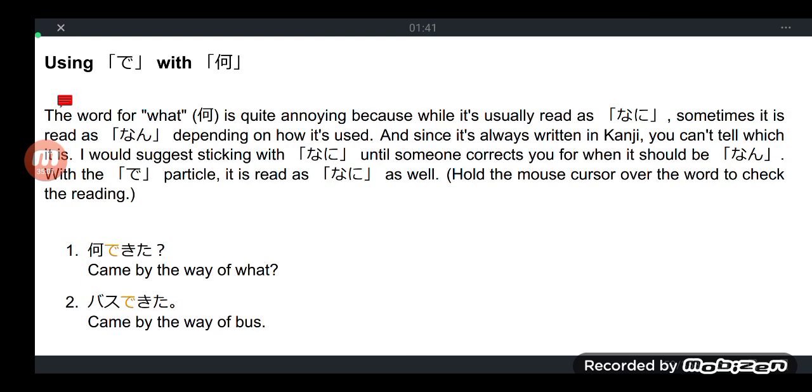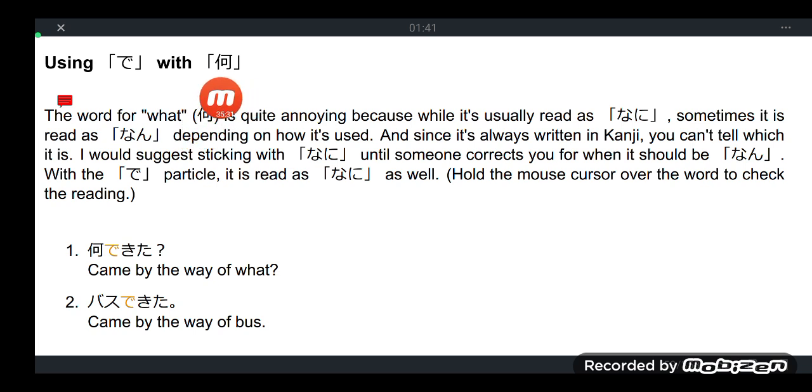Now, this is a common dilemma or confusion. Not dilemma, but rather confusion. If the de is paired with the nani or nan, this kanji meaning what, I'm telling you guys, the default reading for this kanji should be nani, unless a person corrects you that it should be read as nan.